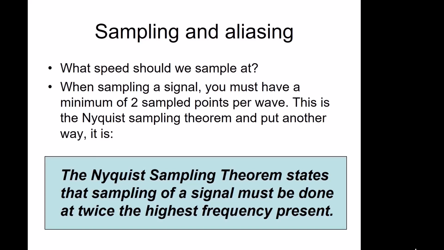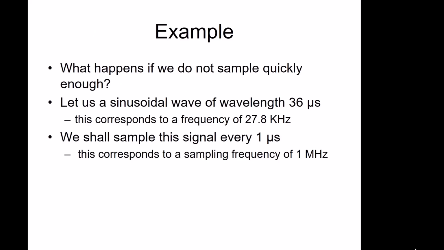The other important aspect to consider when sampling is the speed that we sample at. The Nyquist sampling theorem states that sampling of a signal must be done at twice the highest frequency present. Or in other words, if we have an oscillating signal coming in at a certain frequency, for each wave that comes in, we have to measure 2 sample points. The best way to explain this is to work through an example.